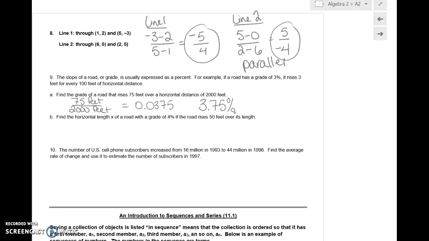Okay, for part B, do you remember proportions? We're going to use proportions to help us solve example B. Find the horizontal length x of a road with a grade of 4% if the road rises 50 feet over that length. So 4% we know is rising 4 feet over a 100 feet horizontal distance.